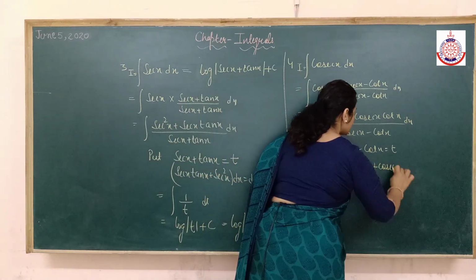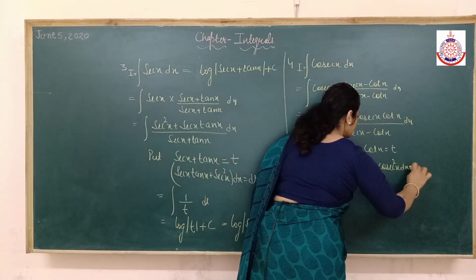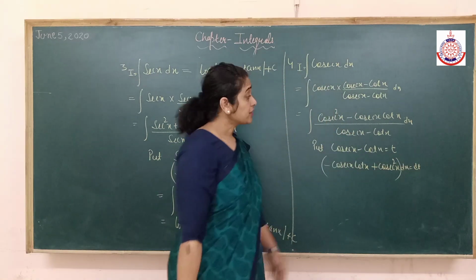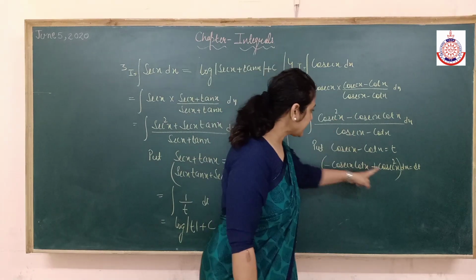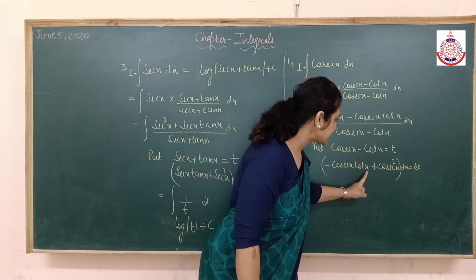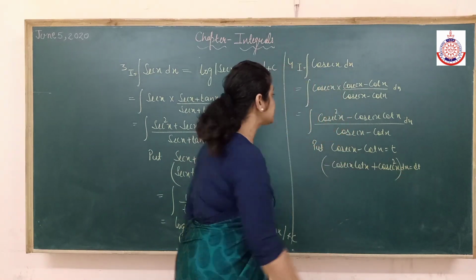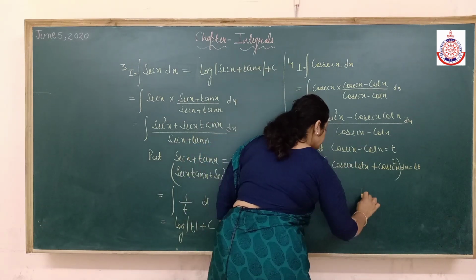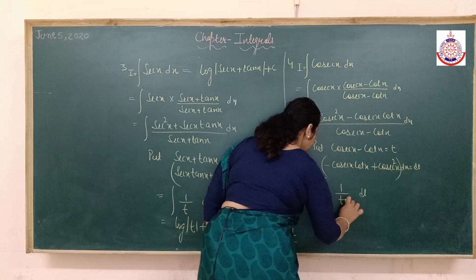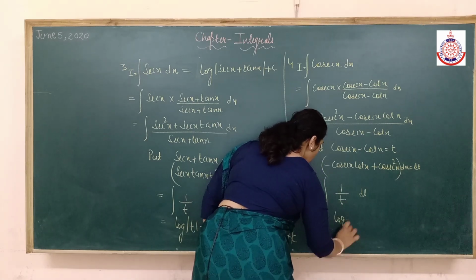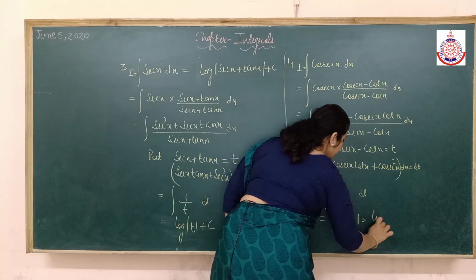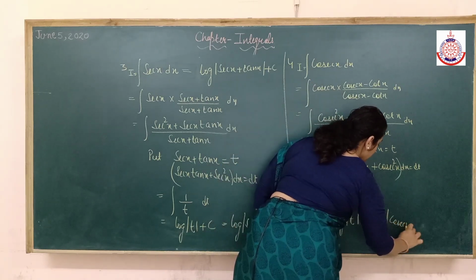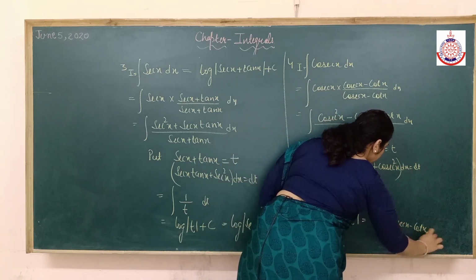It becomes minus cosecant square x dx equals dt. So we got the numerator: cosecant square x minus cosecant x cot x into dx is dt. So this is 1 by t, that is log t. Put the value of t, that is cosecant x minus cot x plus c.